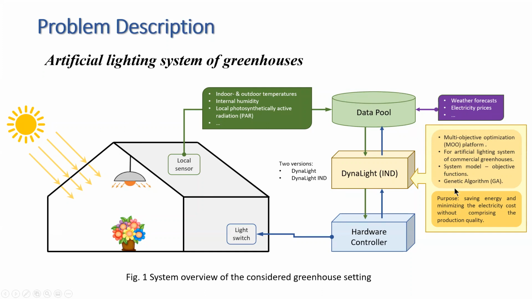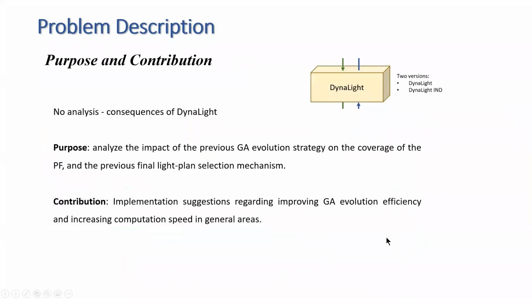And based on this model, Journalite uses genetic algorithm and uses the relative data from the database. Finally, it outputs an optimal light plan of the future 72 hours to the hardware controller, and it is converted to a drive signal to finally control the light switch. So this is the overview of this system.